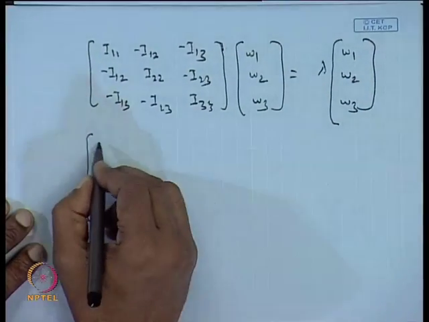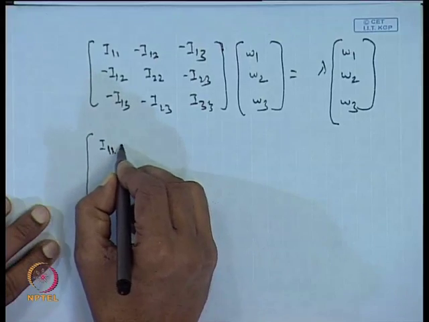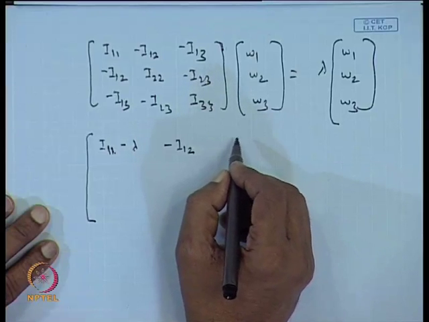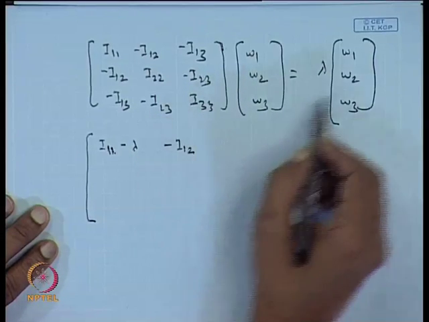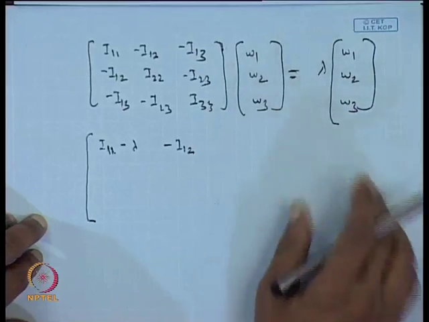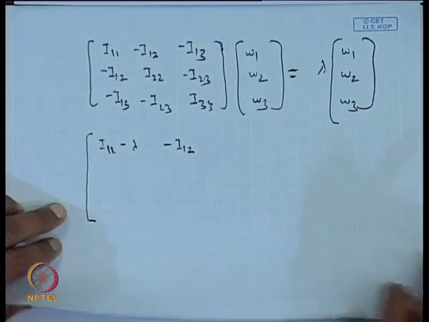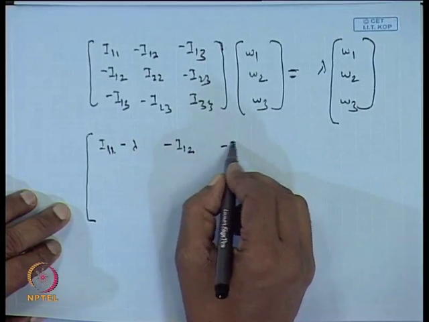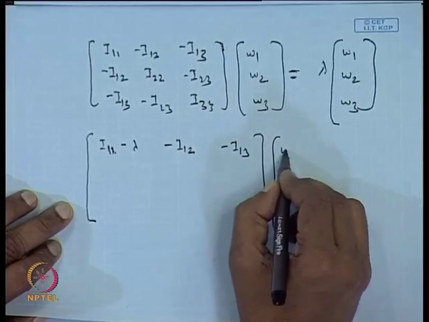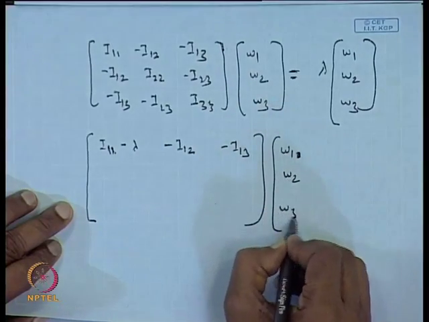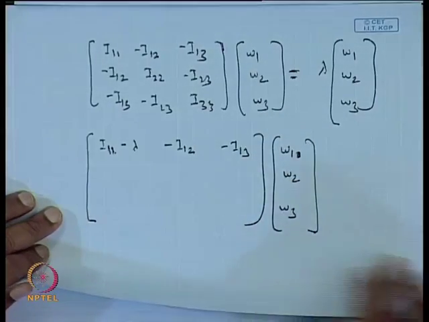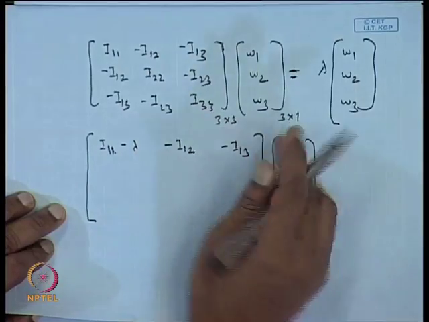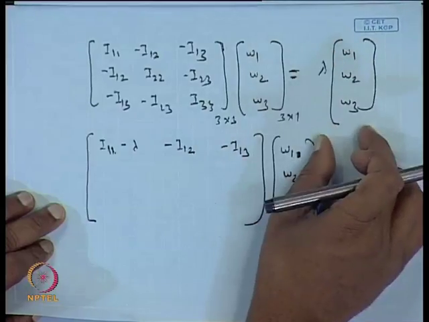This whole problem can be written as I 11 minus lambda, minus I 12, and so on, times omega 1, omega 2, omega 3, because you remember, this is a 3 by 3 matrix and this is 3 into 1. So, this is a vector and this also is a vector, and therefore you can subtract.